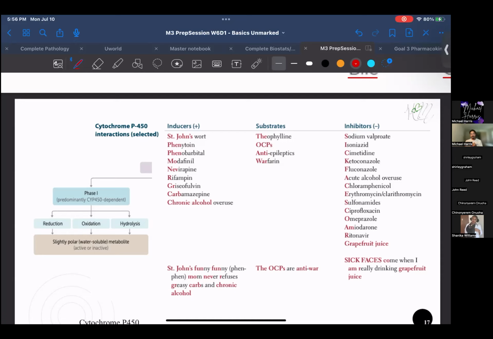For instance, if you induce cytochrome P450, do you think you'll see overdose or under treatment symptoms? Remember, cytochrome P450 metabolizes, it breaks it down for you to then pee it out. Yes, so you get under treatment.